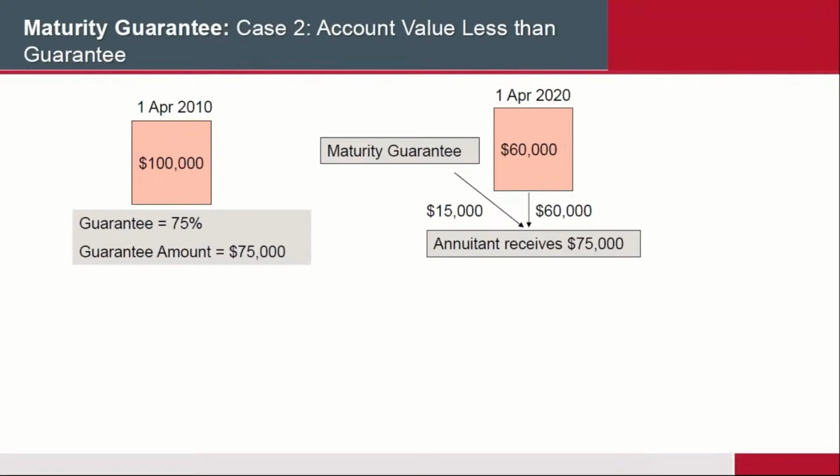One of them will be greater, which means that the maturity guarantee will be zero, or the other question will be that the amount of money will be less than the maturity guarantee, which means now you have to calculate the maturity guarantee, which in this case, of course, is $75,000, and the insurance company has to top it up by $15,000. Okay. So hopefully I explained that well, because like I said, you will definitely have a question on the exam on these two slides for sure.